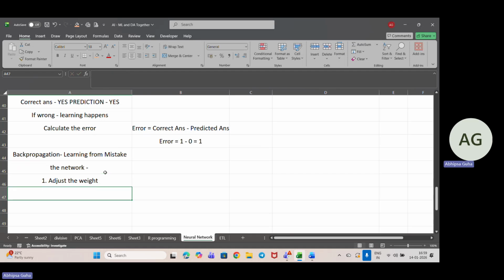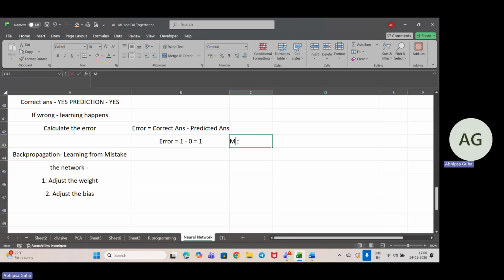Next, it adjusts the bias. Next, it tries to reduce the error, because here we are getting the error as 1. My correct answer is 1, but my predicted answer is 0, so I am getting the error as 1. But what would be my intention?